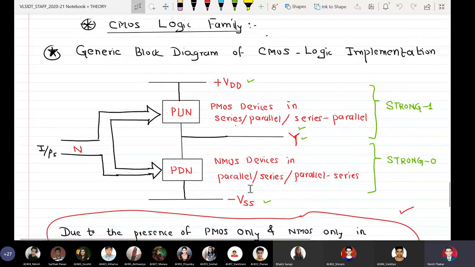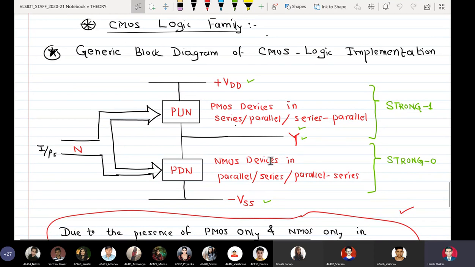As per the definition, the pull-up network is connected between the output node and VDD. We have shown that: there is a pull-up network between output node Y and the VDD rail. Similarly, the pull-down network is connected between the output node and the ground.